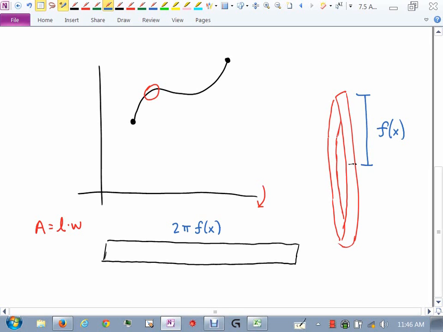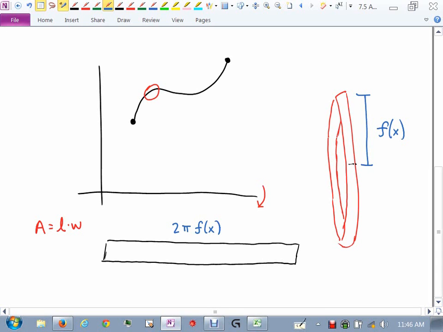How tall is this rectangle? Well, before we said that that little infinitesimal width was what? Dx, right? But see, that up there is not straight, is it? It's not straight. It's kind of got a curve to it. So what we're going to do is approximate that length using what? The arc length. Isn't that little piece from there to there, we can approximate that as an arc length?